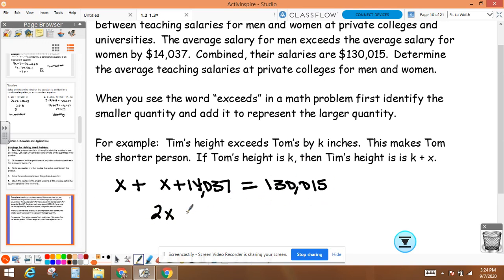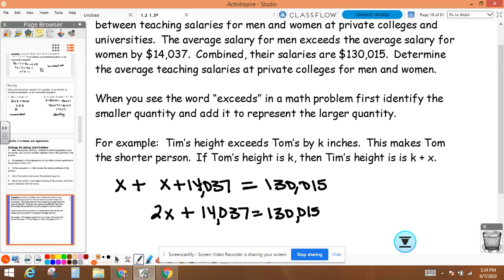So we have 2x plus 14,037 is equal to 130,015. That's a comma, not a decimal. Sorry, that was loud.